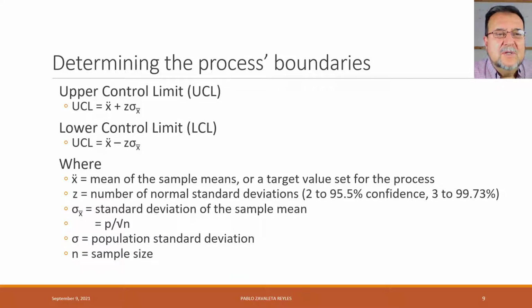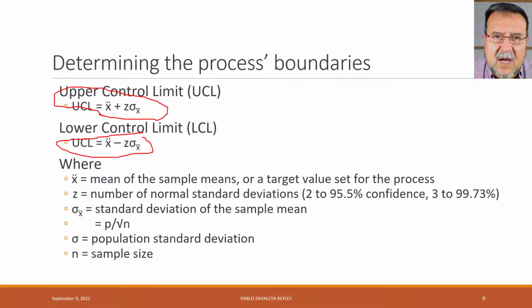And we use the sigma x, that is the standard deviation. This will allow, as you can check out, these formulas come from the confidence intervals. And we want to make sure that our product falls within those limits at least, let's say, 95-99% of the time.